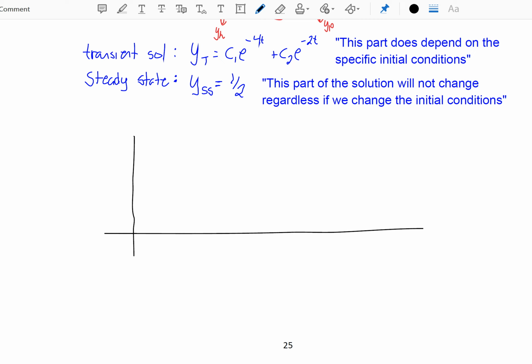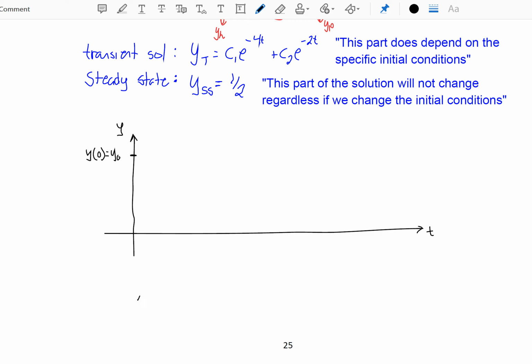Label this your y-axis, your t-axis. Imagine we started with some initial condition. Y at time 0 is y naught. And we want to imagine what solutions will do over time.